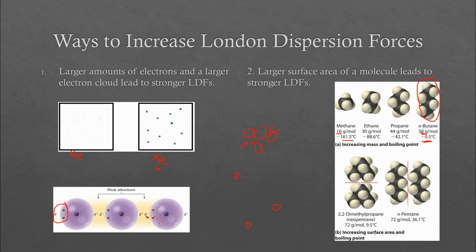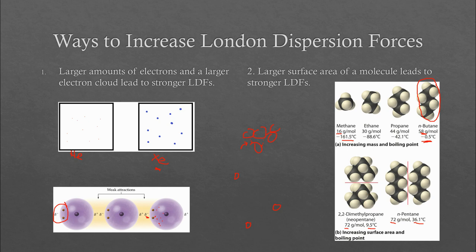And also, we can increase the surface area. So notice these have exactly the same molar mass, but dimethyl propane has a boiling point of 9.5 degrees Celsius, whereas pentane has a boiling point of 36.1 degrees Celsius, so a much higher boiling point, and they are isomers of each other.